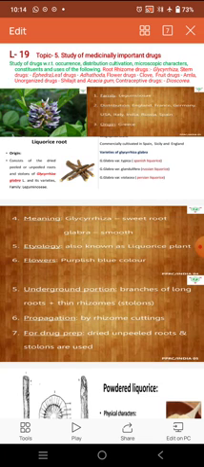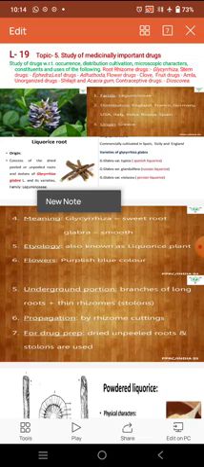Then stem drug Ephedra, it is gymnosperm. Then leaf drug Adhatoda, leaf, we have taken also for practical. Then flower drug clove, we have also taken it for the practical. Then fruit drug amla fruits, as we'll see in detail, it is also practical. Then unorganized drugs, shilajit and the acacia gum. Then contraceptive drugs, Dioscorea.